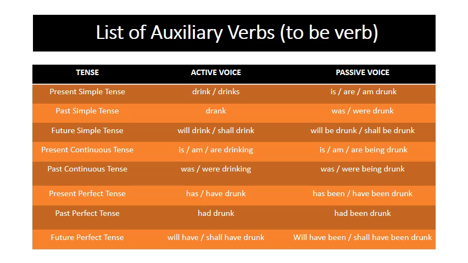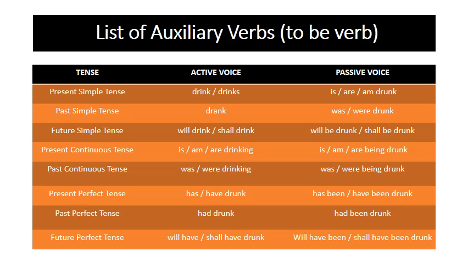There are 3 main tenses: the present, the past, and the future. Each of these 3 tenses has 4 forms. In this way, there are total 12 tenses. But passive voice can be written only of 8 tenses.